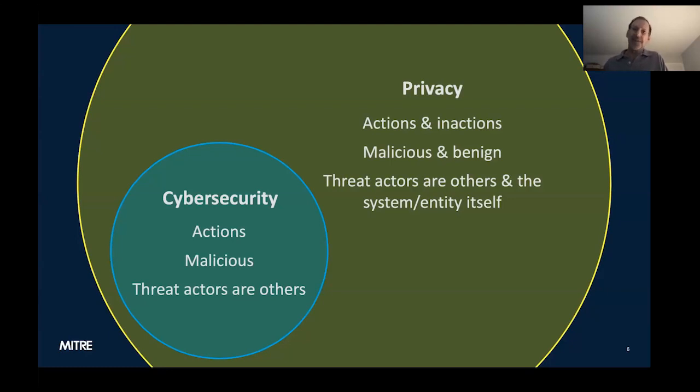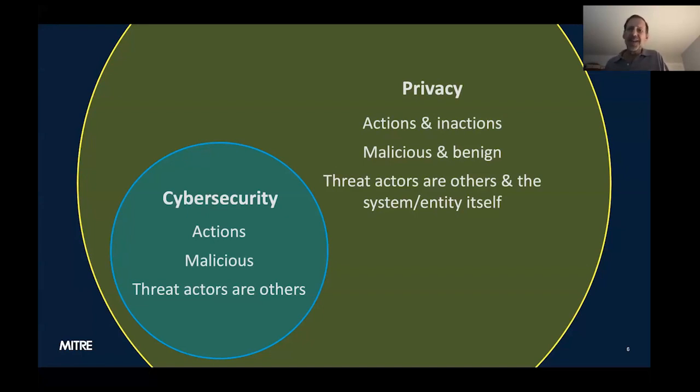Think about a failure to obtain consent for the collection or use of personal information, for example. Privacy threats can certainly be malicious, but they can also be benign. The privacy threat might be a side effect of a system or an actor trying to do something else. The objective isn't to compromise privacy per se, but nevertheless, privacy is being compromised as sort of collateral damage.